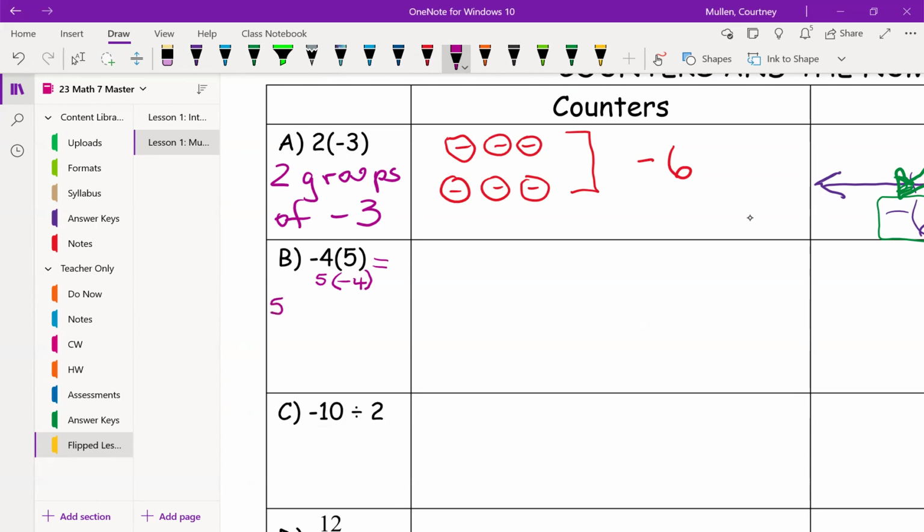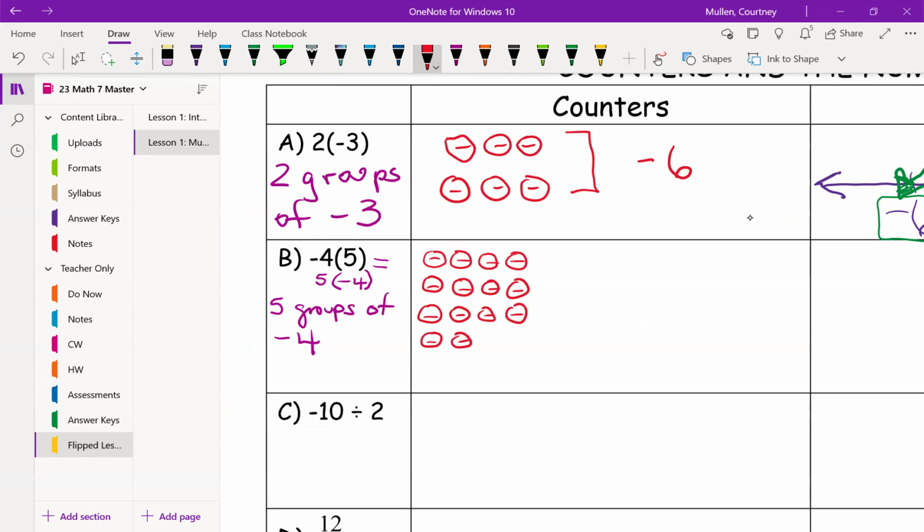So we have 5 groups of -4. So let's demonstrate that with counters. So we have 1 group of -4, 2 groups of -4, 3 groups, 4 groups, 5 groups.